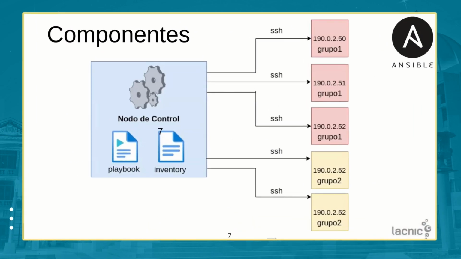Here is a basic diagram of the control node. We will have the playbook, that is the beginning of the task, the file that describes how to initiate these tasks, and the inventory where we have the nodes. Those nodes can be grouped by type of node.